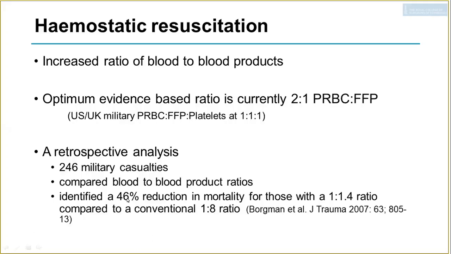So the analysis done in 2007, again, US military casualties in Afghanistan, showed a 46% reduction in mortality with a 1 to 1.4 ratio of packed red cell to FFP compared to the traditional 8 to 1.